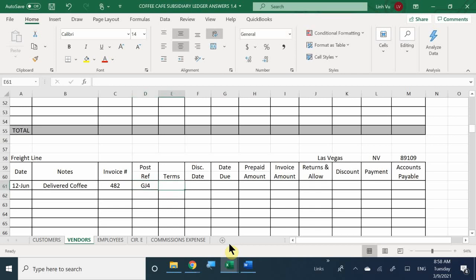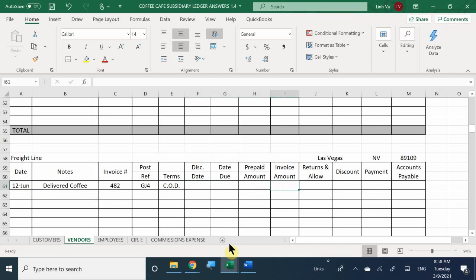All right. Terms. Did they give us terms? COD. No, they did not give us any terms, but it is cash on delivery. Okay, COD. Therefore, no discount date, no due date.